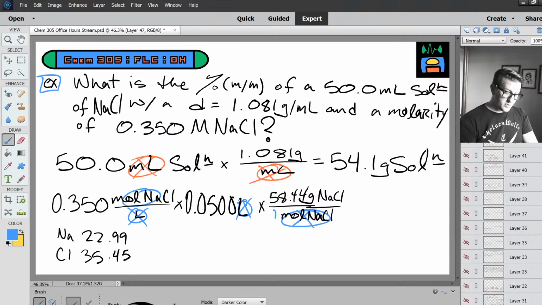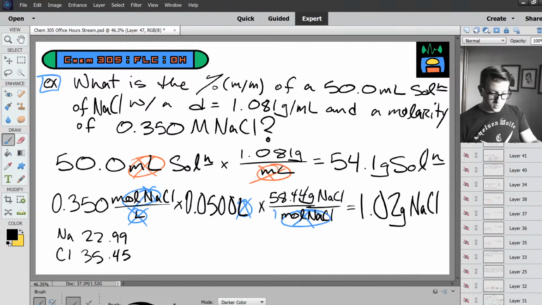Now moles of sodium chloride cancel, and we have 0.35 times 0.0500 times 58.44 gives us a mass. Rounded to 3 sig figs, 1.02 grams of sodium chloride. All right.